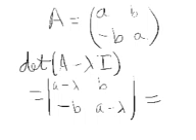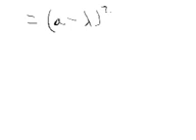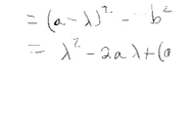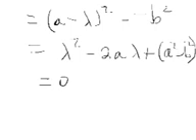And so this should be A minus lambda squared minus, and then that should be a minus B squared. Okay, so this will be lambda squared, and then we'll have a minus 2a lambda, and then plus a squared plus b squared. And of course we're going to set this thing equal to 0, and now solve for lambda.